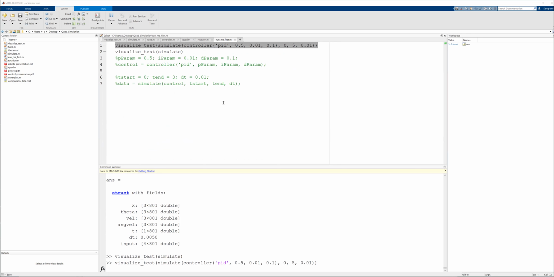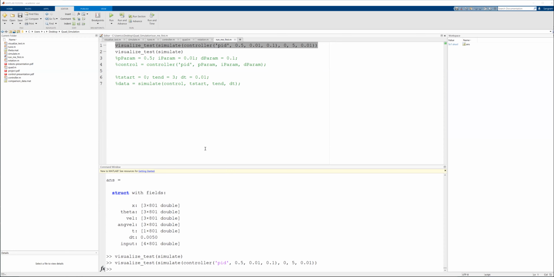But finally, please run the simulation. And then you can actually change those PID values and see if it actually stabilizes or destabilizes. That in essence is the PID control of the quadcopter.